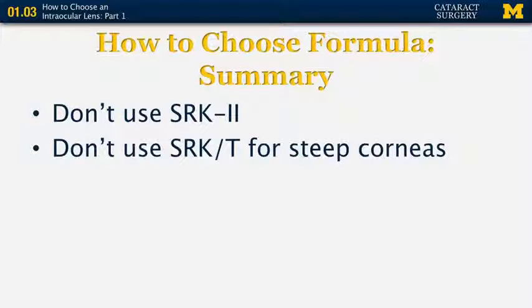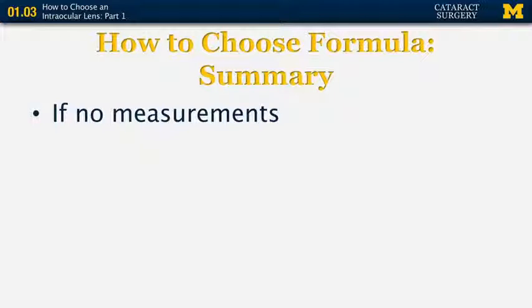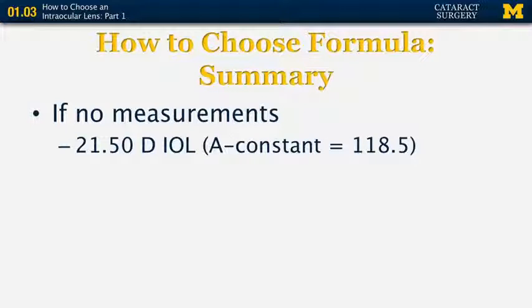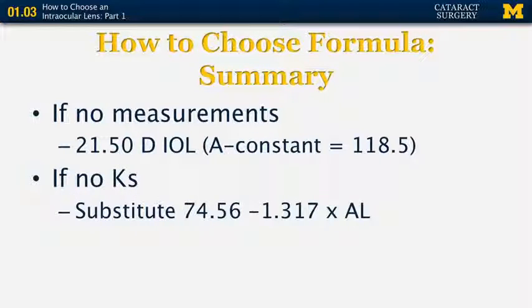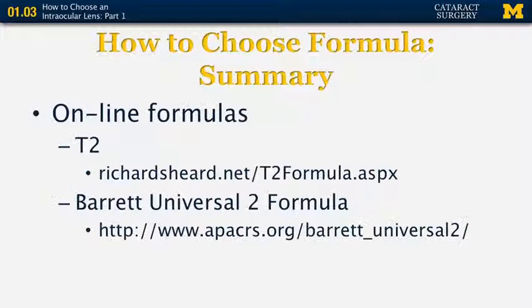Don't use the SRK/T for steep corneas. If you have no measurements at all, use a mean IOL. Often that's 21.5 diopters, using an A constant of 118.5. If you have no Ks, you could substitute a value using your axial length. If you have no formula and you want to look online, you can find 2 formulas that are both good.